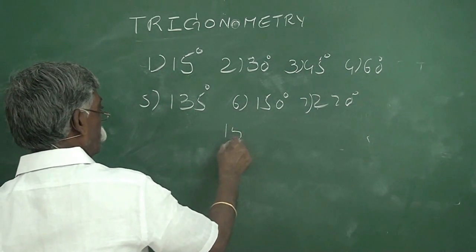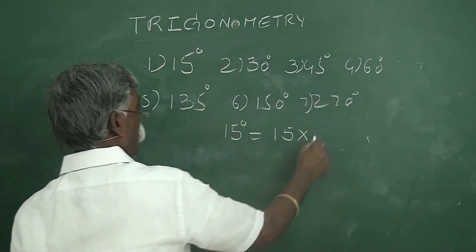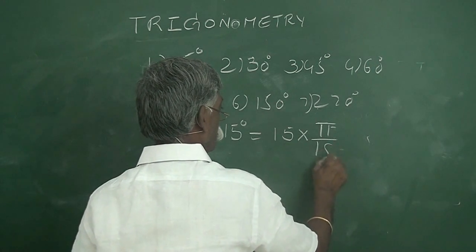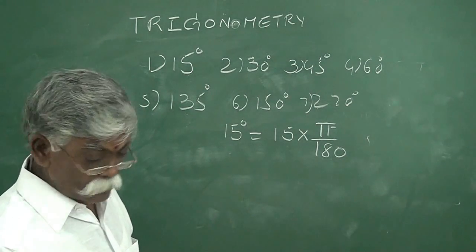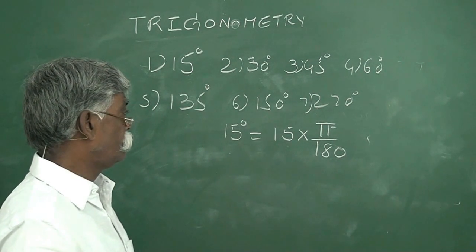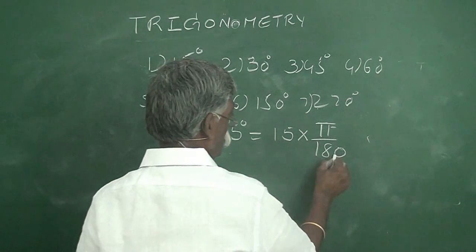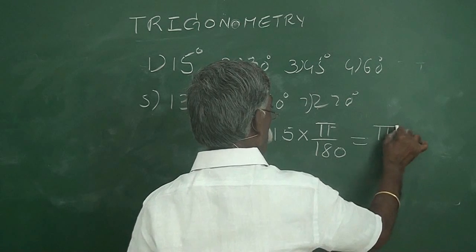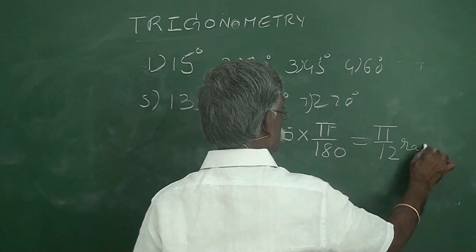15 degrees is equal to 15 into pi by 180. And 15 goes 12 times here. Therefore, this is pi by 12 radians.